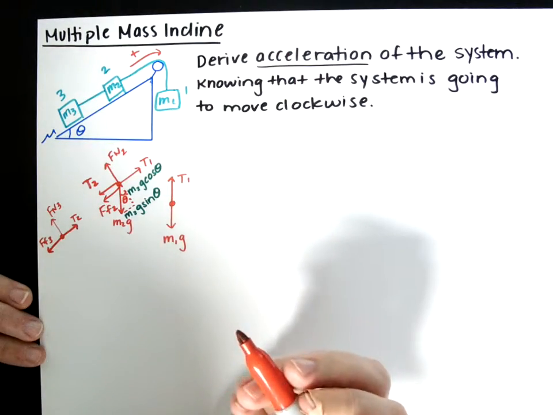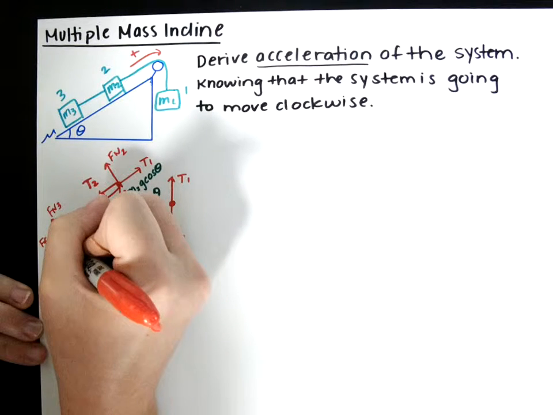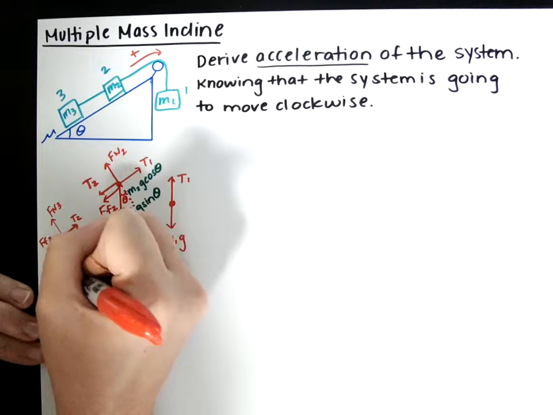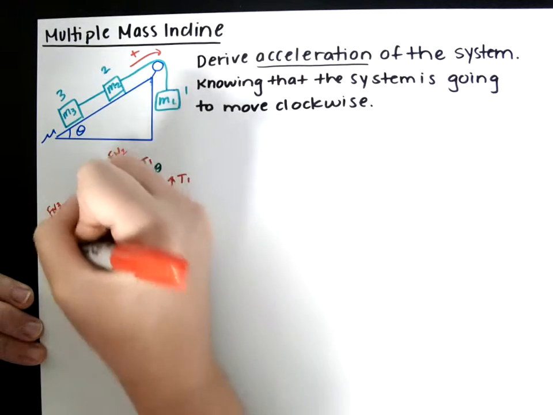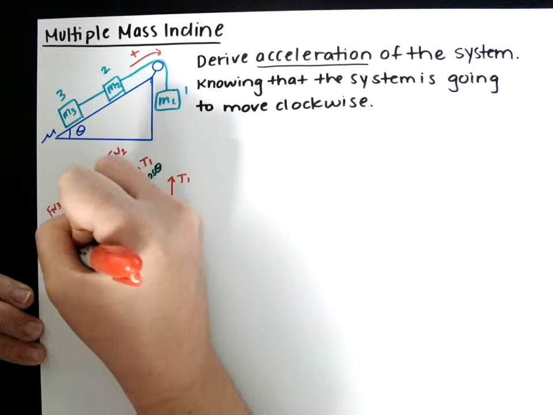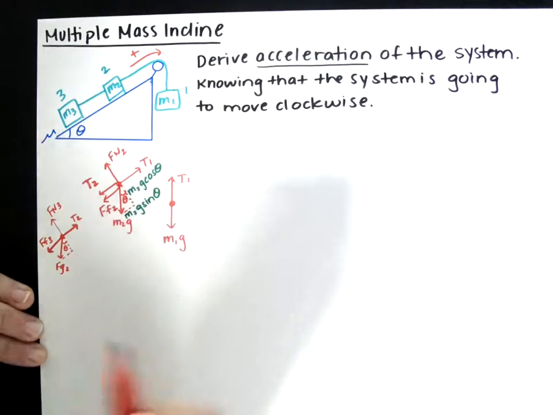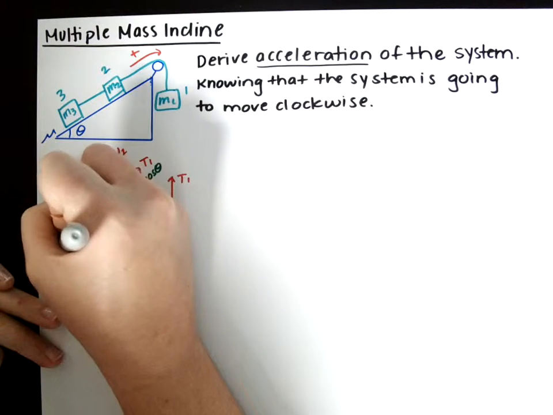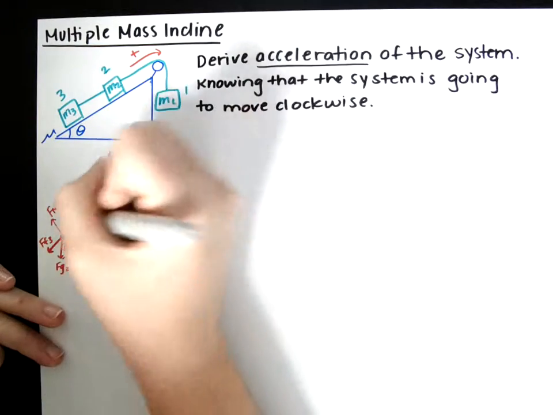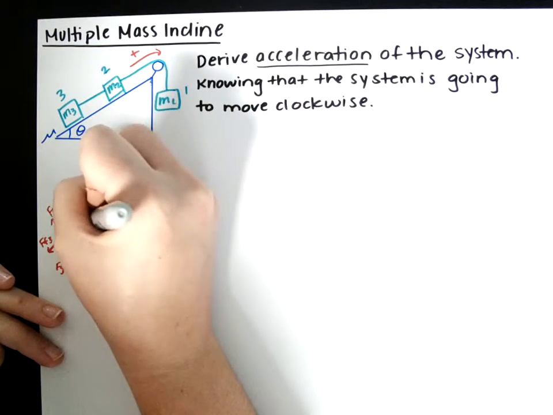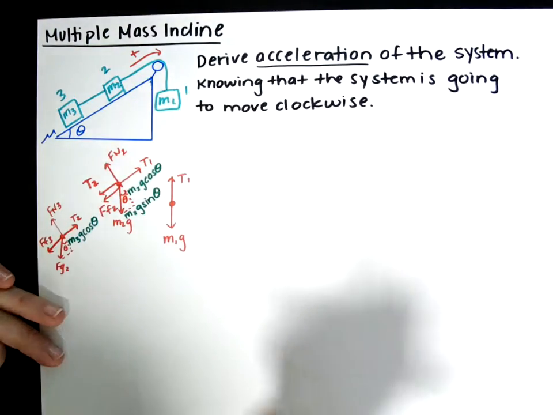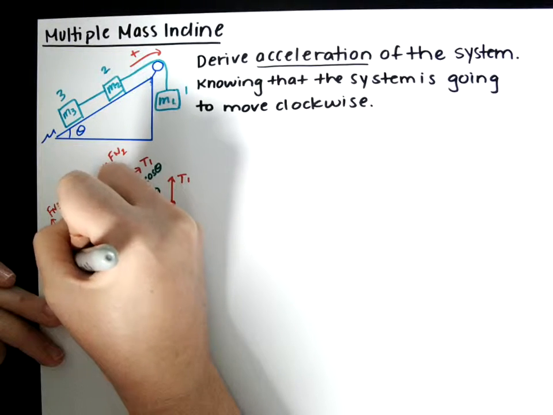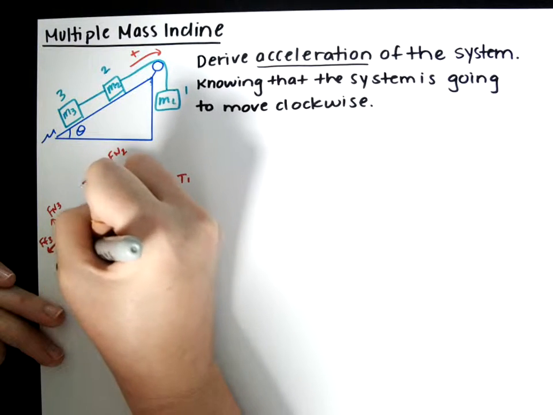And there's only one more force, and that's gravity, Fg3, pulling down. That means it's got a Y component and an X component. At this point, if you go directly to the components to start solving, that's fine. It's what you should be doing. So we have M3G cos theta as the Y component, and the X component is M3G sine theta.